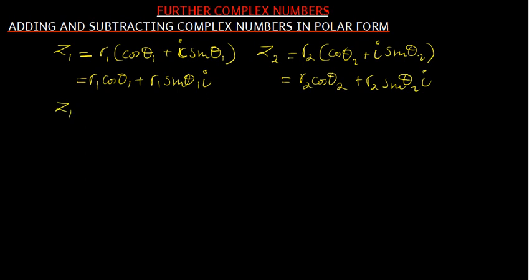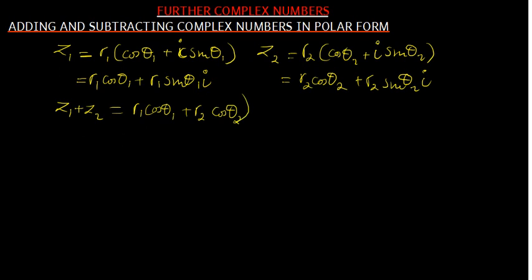And so if you add z1 plus z2, all you do is the portions which are the same, those containing cos, add them. In other words, the real parts, add them together. The imaginary parts, those containing an i, also add them together. That is really how we add complex numbers. And so that is going to be r1 cos theta 1 plus r2 cos theta 2.